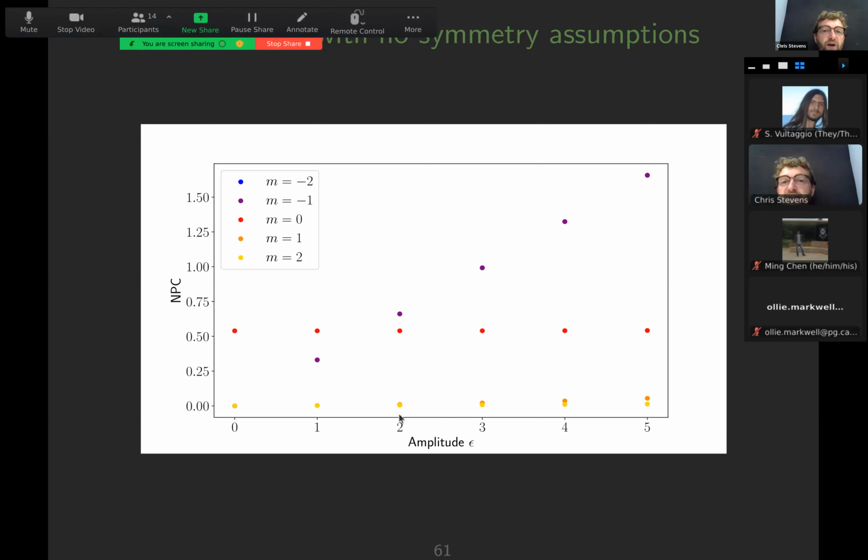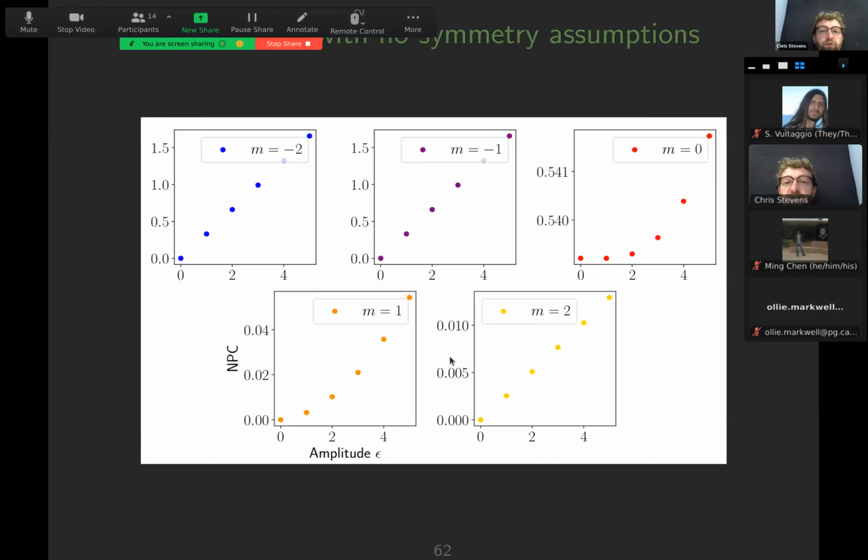And these are the 5 numbers as we increase the amplitude of our wave. Some of these are overlapping, which is why you can't sort of see 5 different things, but they are certainly non-trivial, and this is them individually. And so this is the first time that these have been computed in any numerical regime.